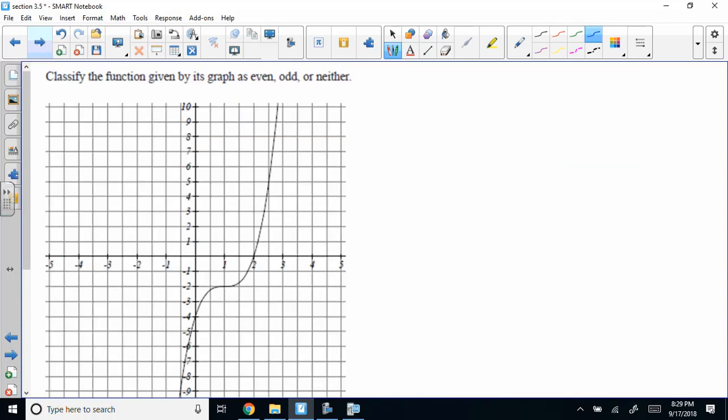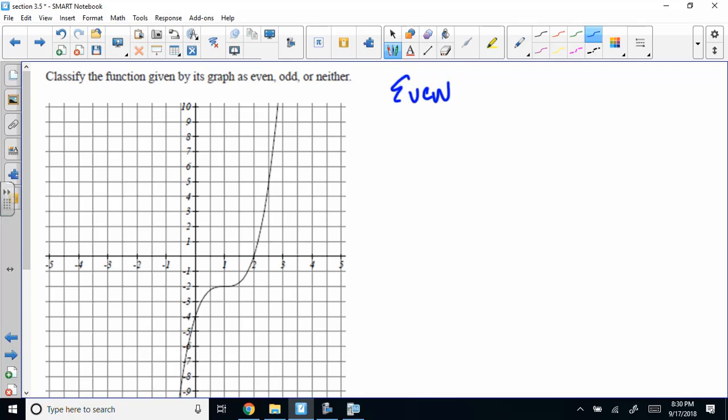Now we get to tell if it's even, odd, or neither. All right, y'all ready? Okay. Here's the rules. I do it by points. What I mean by I do it by points, I don't do the algebra on it. That's cray-cray.